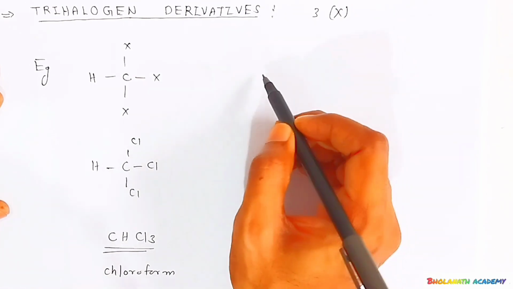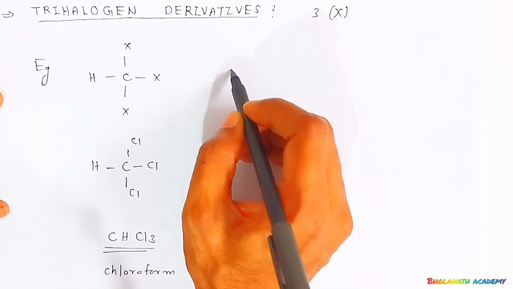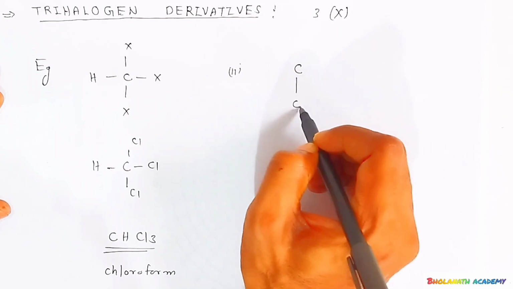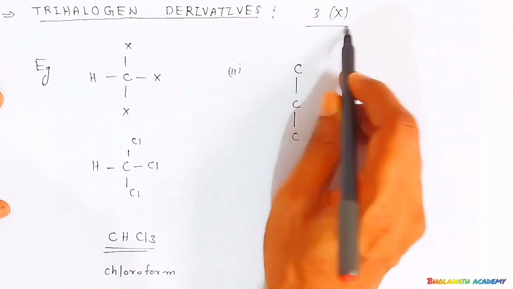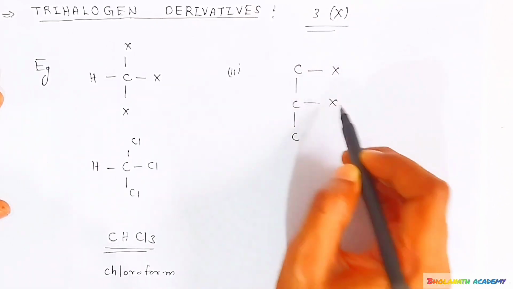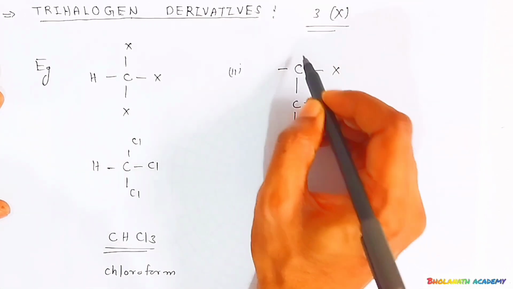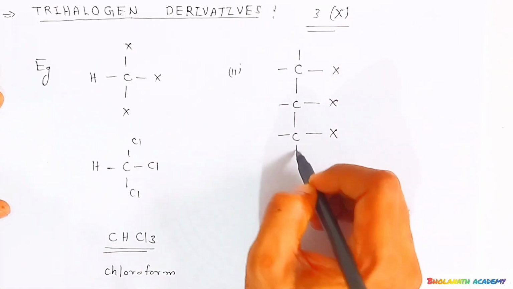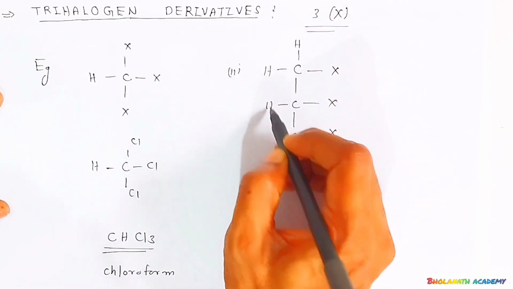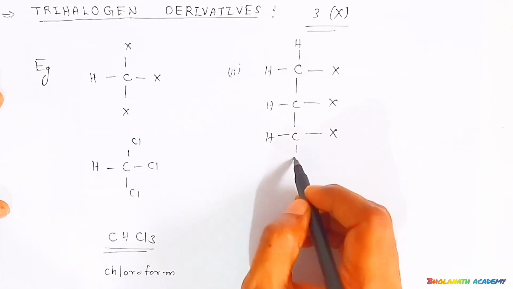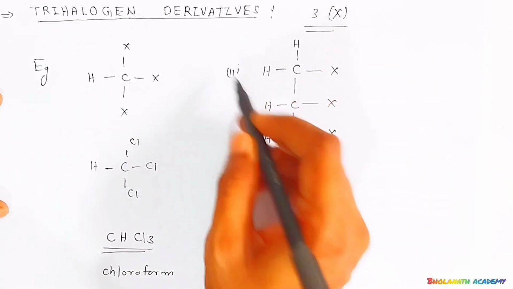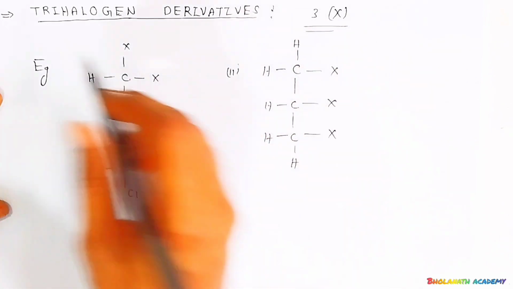Understanding? Sometimes what happens, students? There are 3 carbons. Now all 3 halogens are attached to 3 different carbons. Okay, students? So this is an example of a trihalogen derivative. Now fill the valency with hydrogen. So this is also an example of a trihalogen derivative. I have shown the aliphatic type of trihalogen derivative.